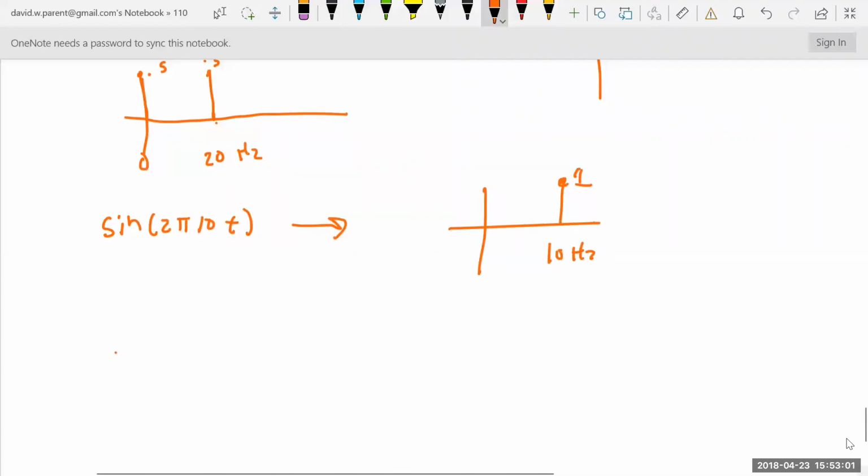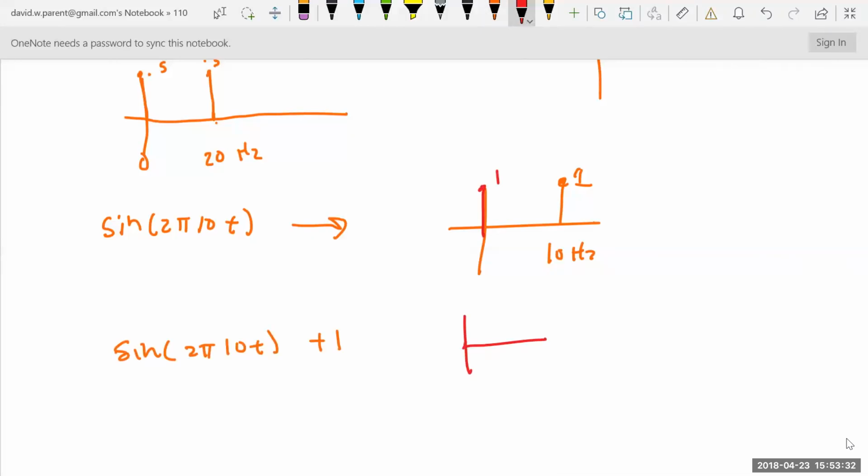Okay. If I have the same thing, plus 1, well, I have this, right? And I now have that DC offset, which is kind of what we're trying to do, right? This is a sine wave, okay?